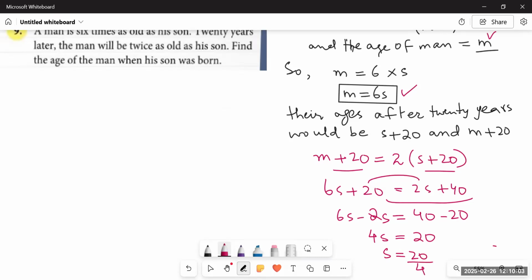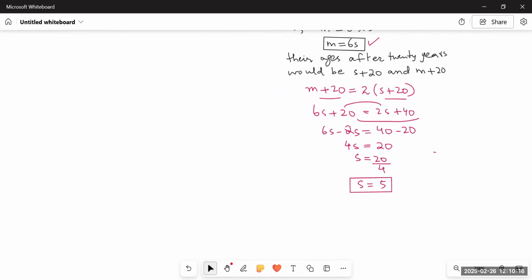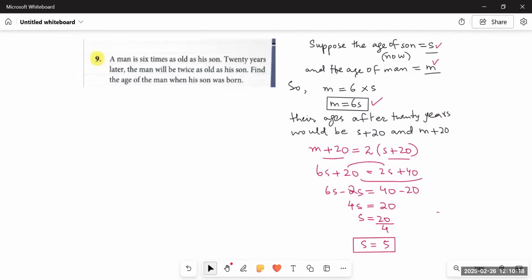Now here a question arises: we are getting 5 as the son's age, but just think for a moment, which age have we calculated? Is it the current age, the age right now, or is it the age after 20 years?